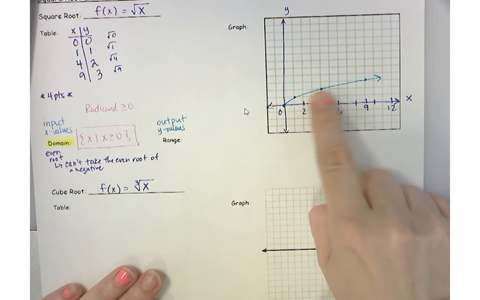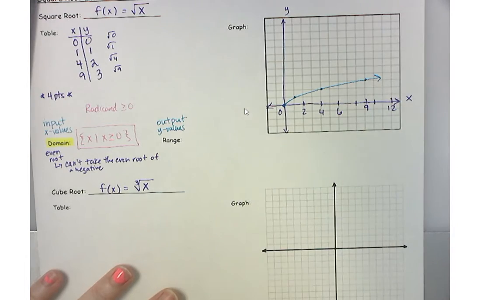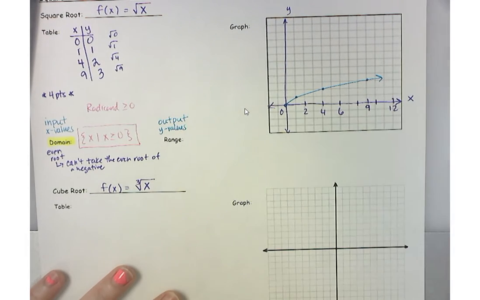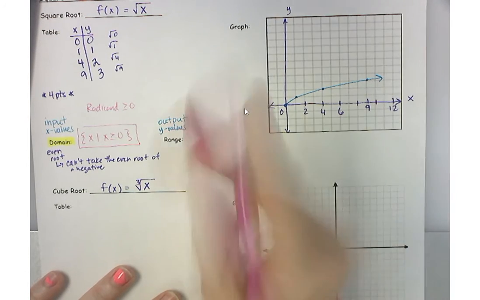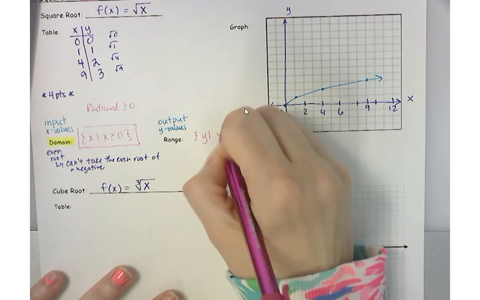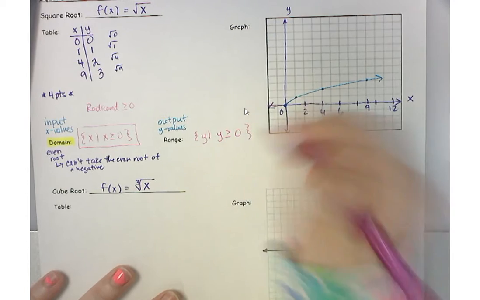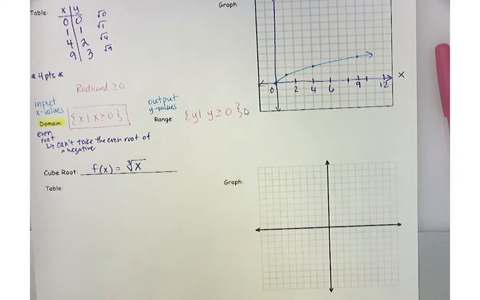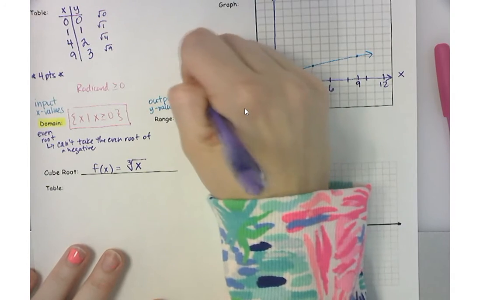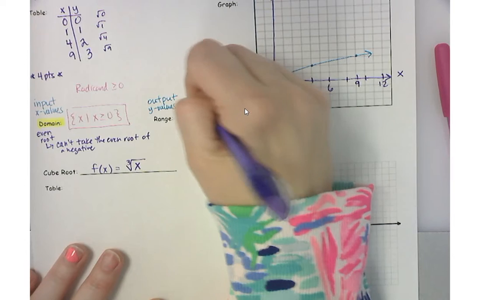Because it's continuing to go up, our range is y such that y is greater than or equal to 0. So you're starting at 0, and it increases to infinity and beyond. Is that what you were saying in your head?